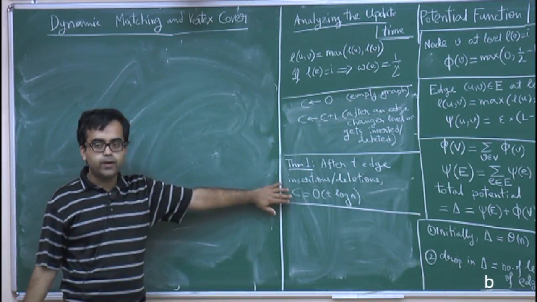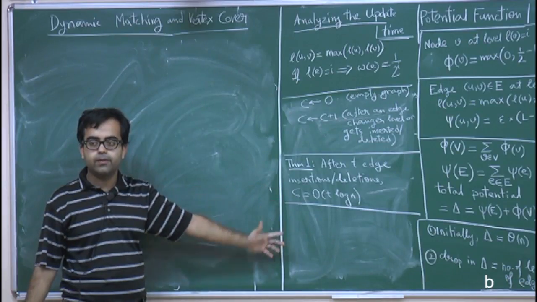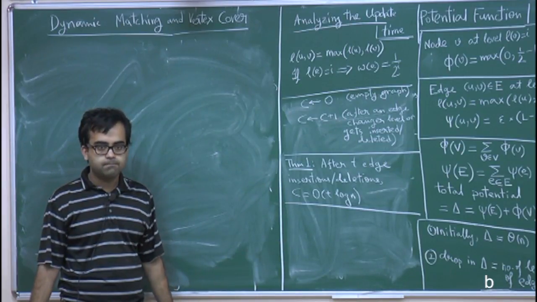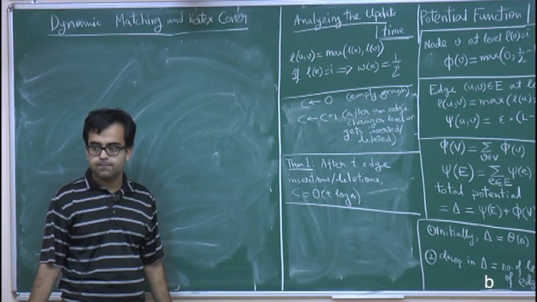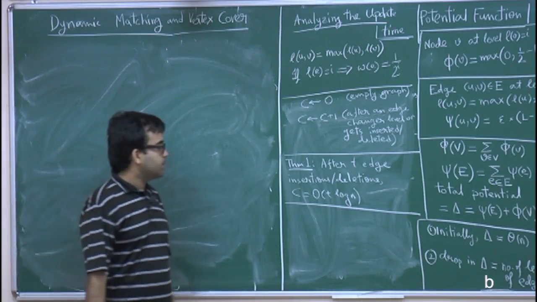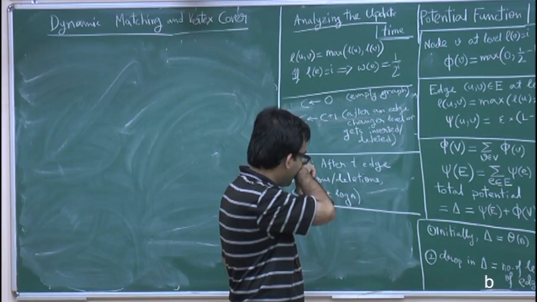So, if we prove theorem 1, then we have proved a bound on the amortized update time. Is this thing clear? Okay. So, how to prove theorem 1?